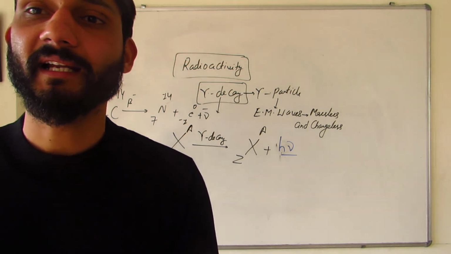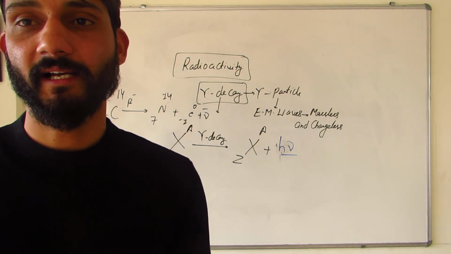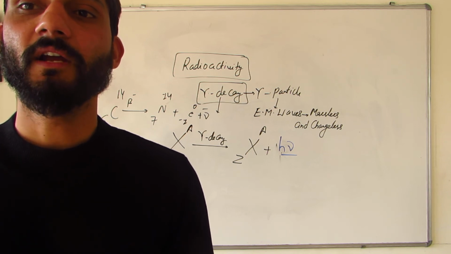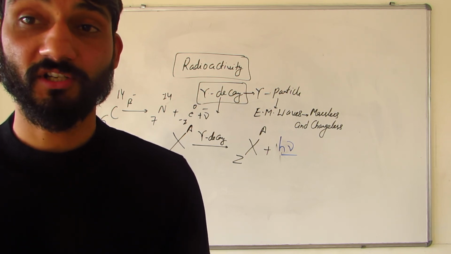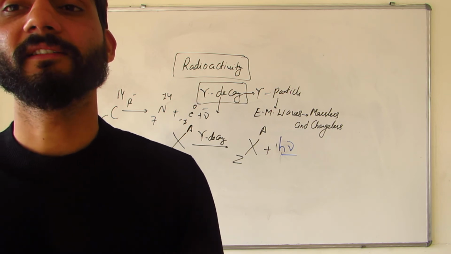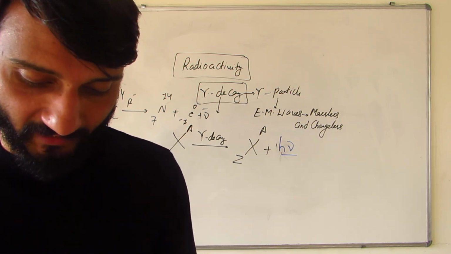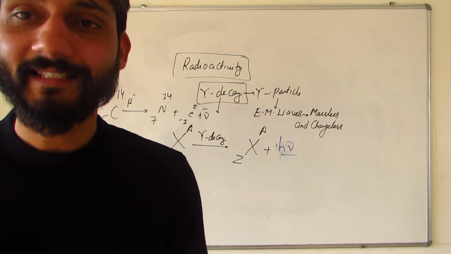Effect of electric and magnetic field. Obviously alpha and beta particles are charged, so they will be affected by electric and magnetic fields, whereas gamma particle is not charged and therefore will not get affected by electric and magnetic fields, right? Ionizing power.